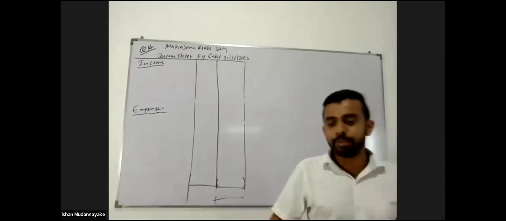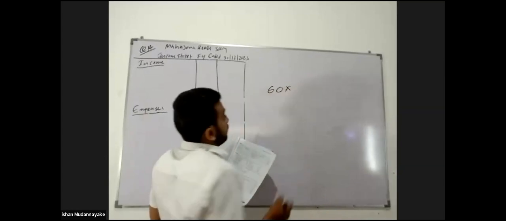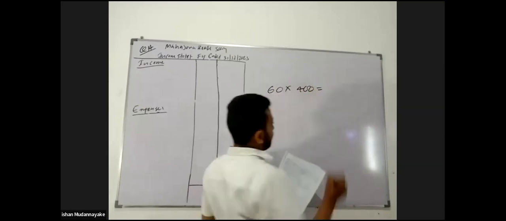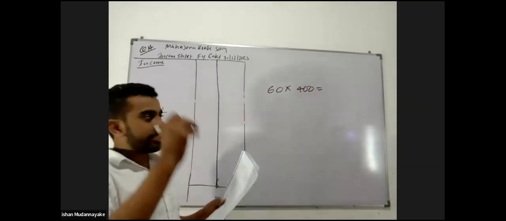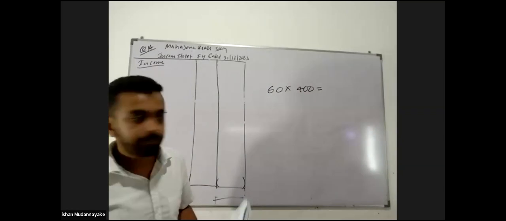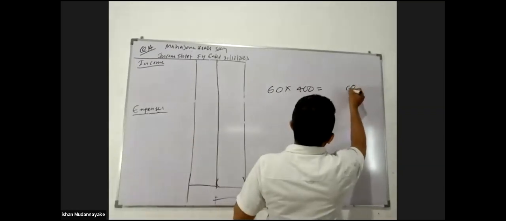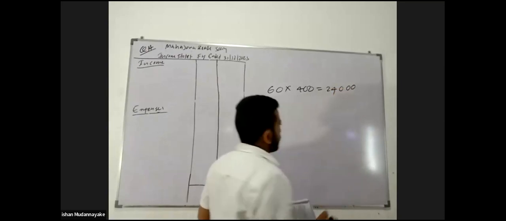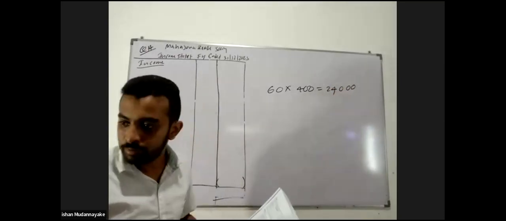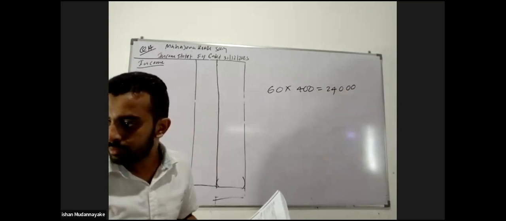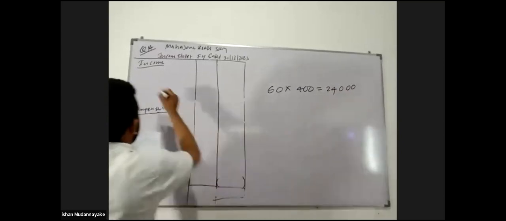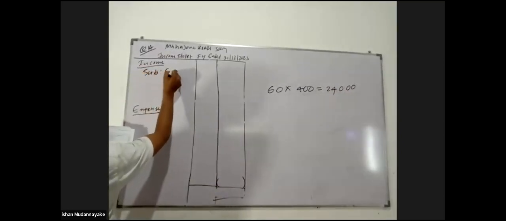Number of members 60, multiplied by 400. Relevant membership fee for the period, how much? 24,000. Yes or no? Yes, sir. Subscription fee 24,000.